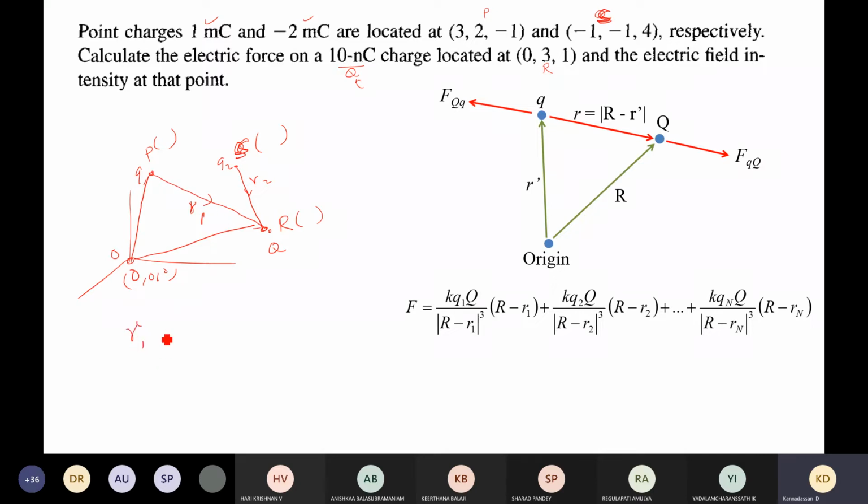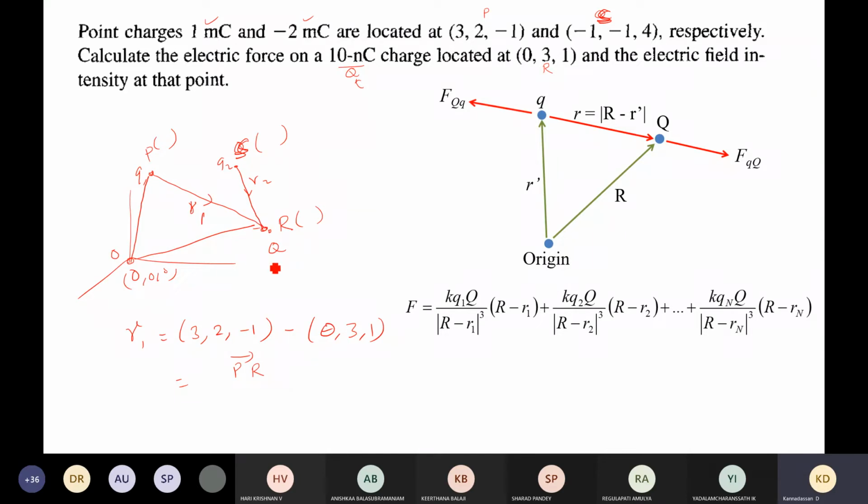So first we will calculate the R1 vector, which is nothing but 3 minus 0, 2 minus 3... I mean, this is the PR vector.